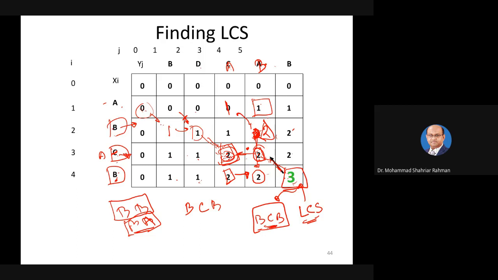But if both of you are having same value here and different values in the contents of LCS, then probably both of you are correct.